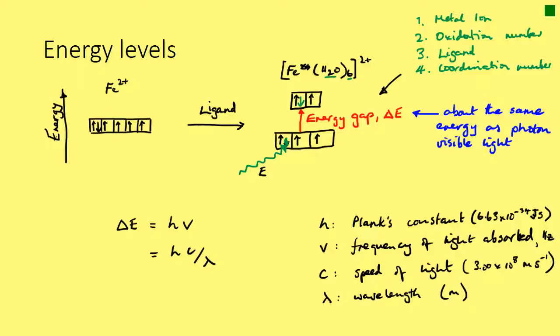And that would need to be in hertz. And Planck's constant, as it happens, is 6.63 times 10 to the minus 34 joule seconds.